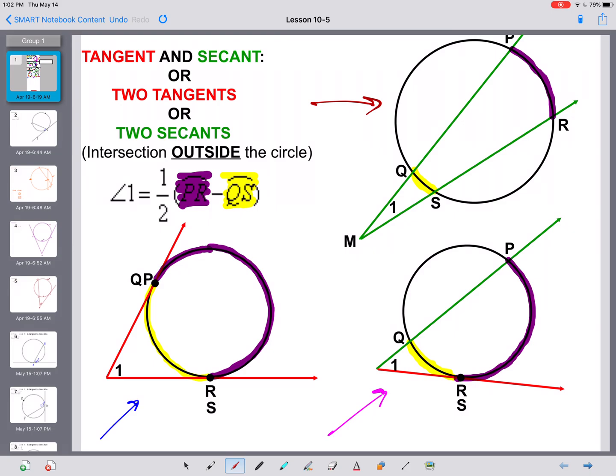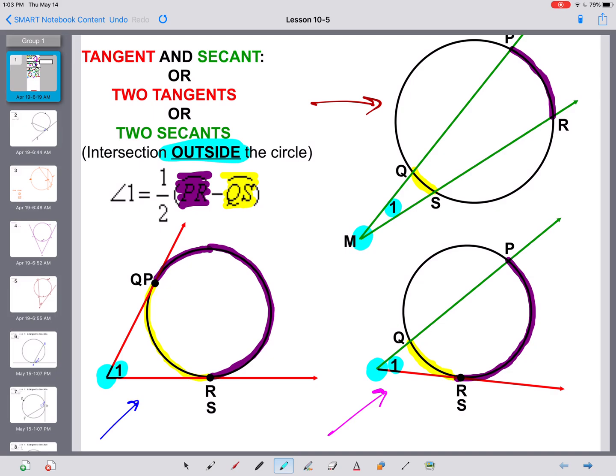Notice for all three of those, lines intersect outside the circle. For instance, in this one, they intersect outside the circle, and notice angle 1 is formed. For each one of those, look at the formula.